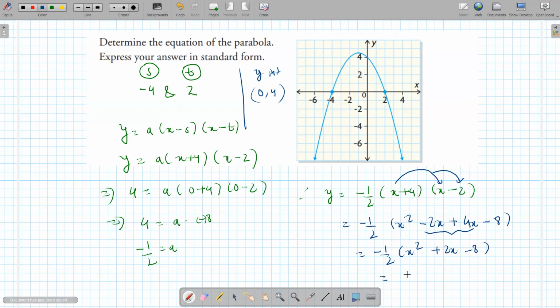Negative 1 over 2 times x squared is negative 1 over 2 x squared. Negative 1 over 2 times 2x will be negative 2 over 2x, so that will be negative x or negative 1x. What's negative 1 over 2 times negative 8?